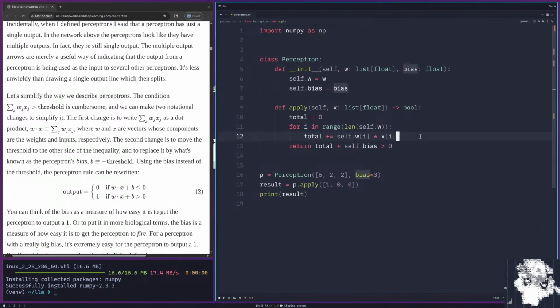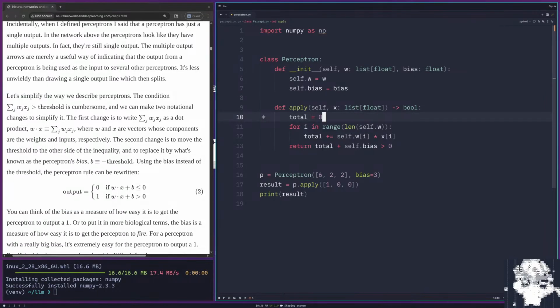Okay, now we want to use NumPy to do a dot product instead of looping over the components ourselves. So we're going to have to make vectors out of these lists of floats, which I don't really know how to do. I know a few ways to do it.